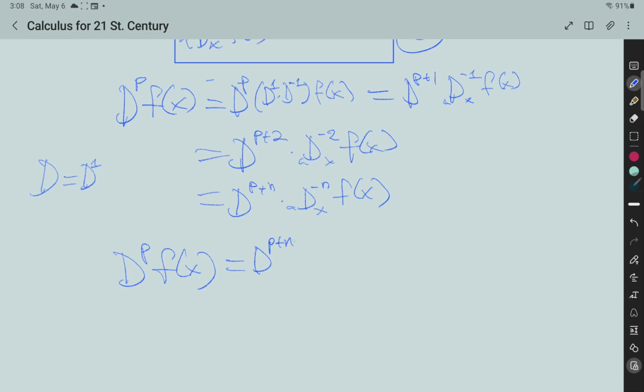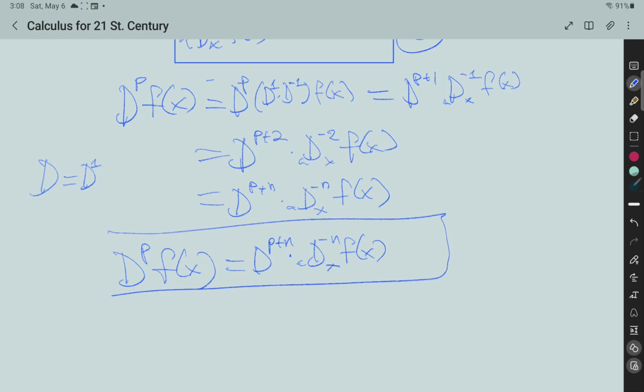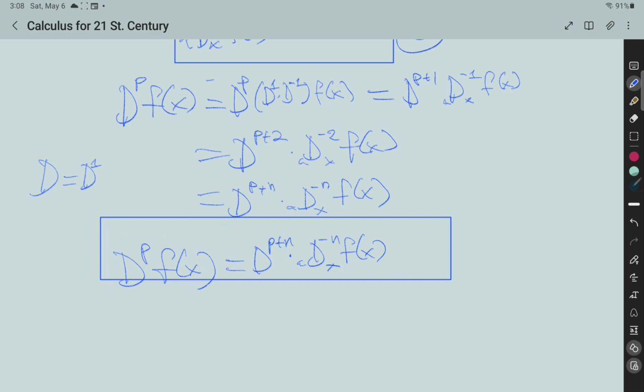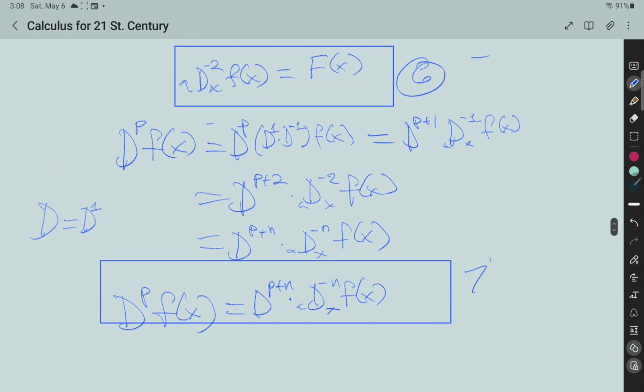This is the ordinary derivative right here, and then this is a to the minus n of x. Box this. So this equation is equation 7.